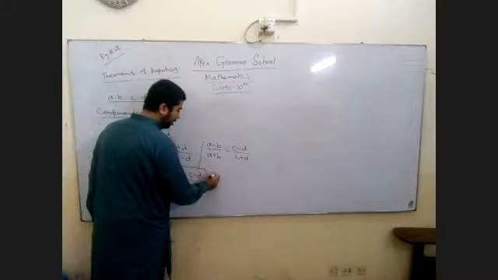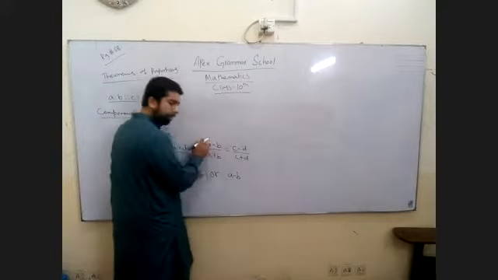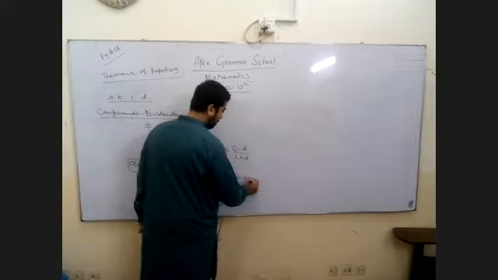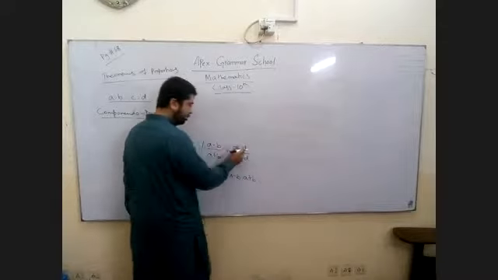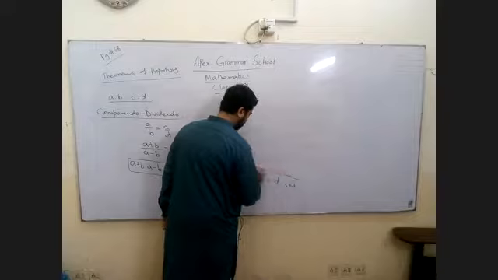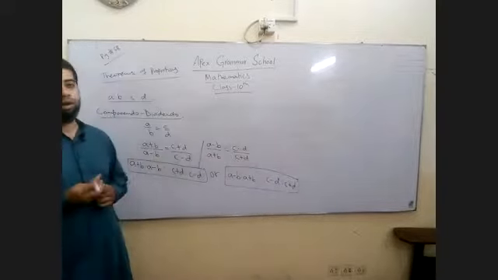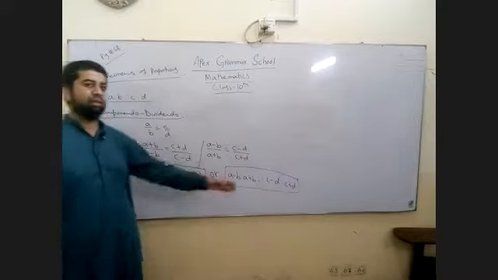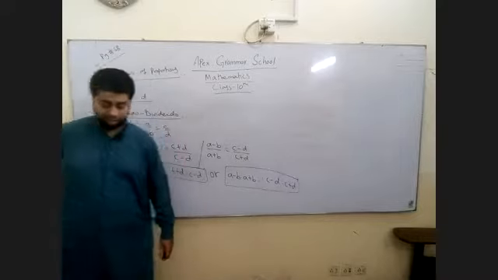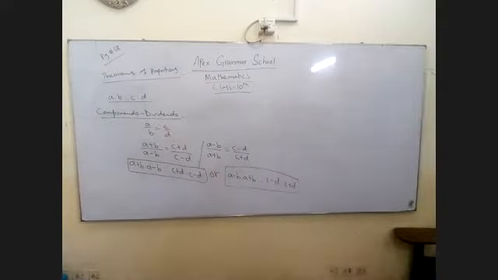Or you can write it as A minus B ratio A plus B, proportion C minus D ratio C plus D. Both are called the componendo and dividendo property, either this or this. I hope you understand this very easily. This is not so difficult. These are very, very interesting questions.